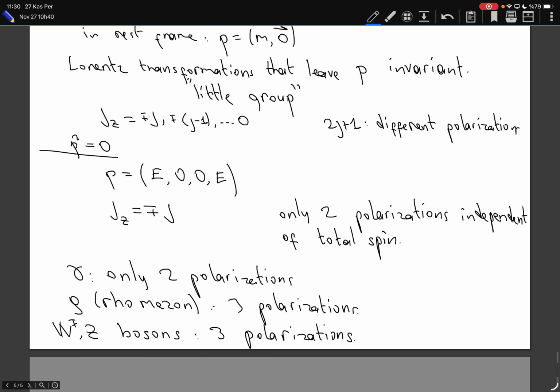So if we are to write a theory of vector particles, we should be able to take all of this into account in our theory.